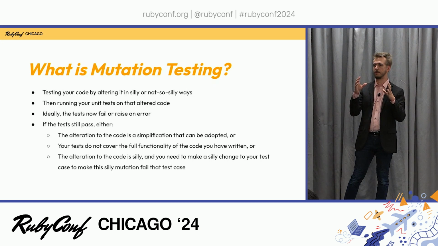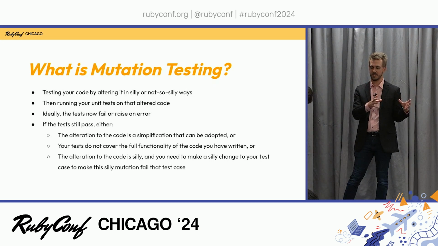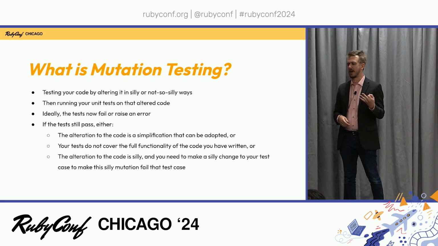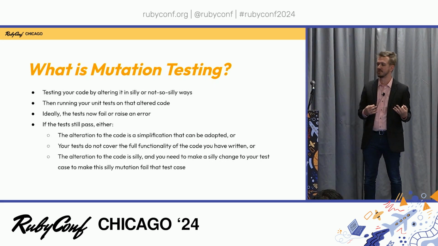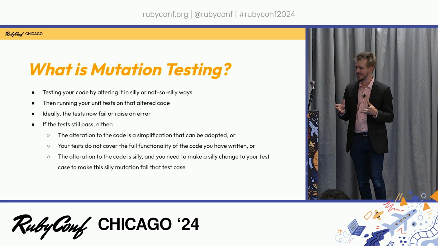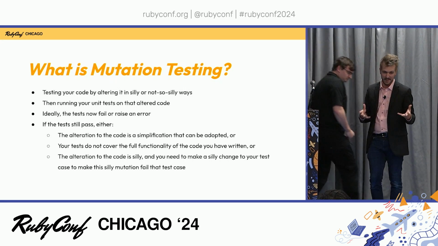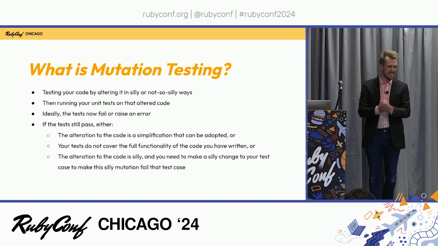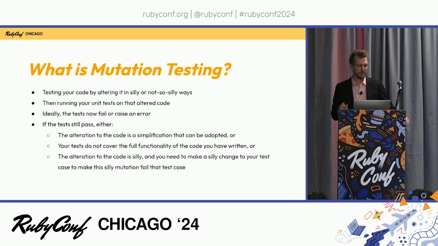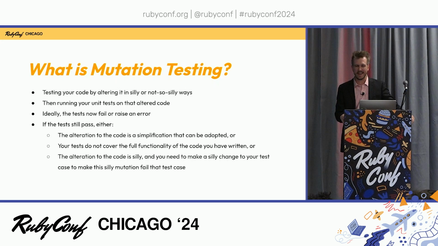So you've simplified your code with a mutation, but the tests aren't covering all the things that you want to cover in your code. Or the third outcome is that the alteration to that code is really quite silly, and so then you need to make a silly change to your test case to make this silly mutation fail that test case. Outcome number three is where it really gets frustrating and annoying, and that's how that works.